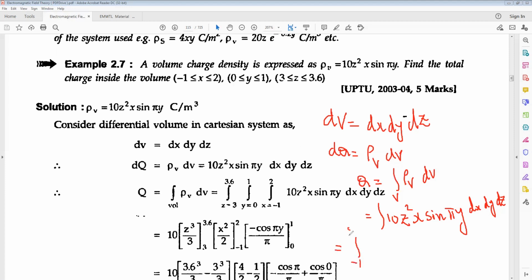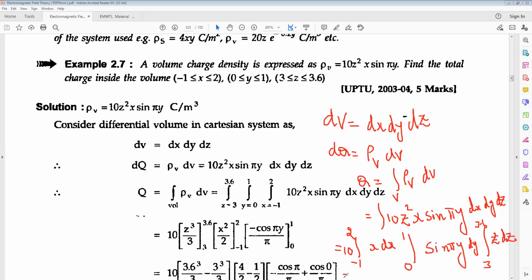X varies from -1 to 2. 10 is common, x into dx, and another integral, y varies from 0 to 1, sine pi y into dy, with another integral, z, the limits being 3 to 3.6, z square dz.